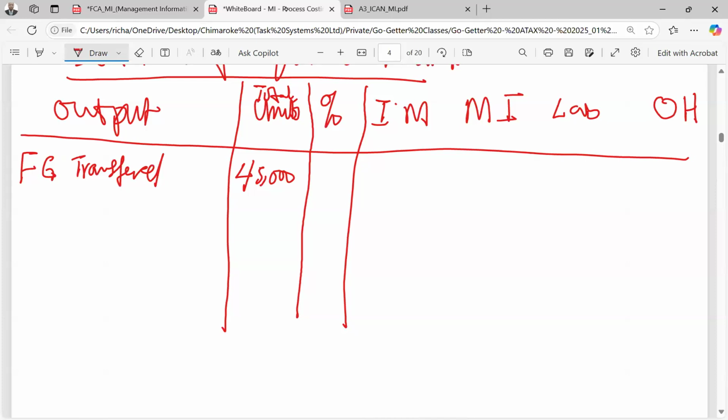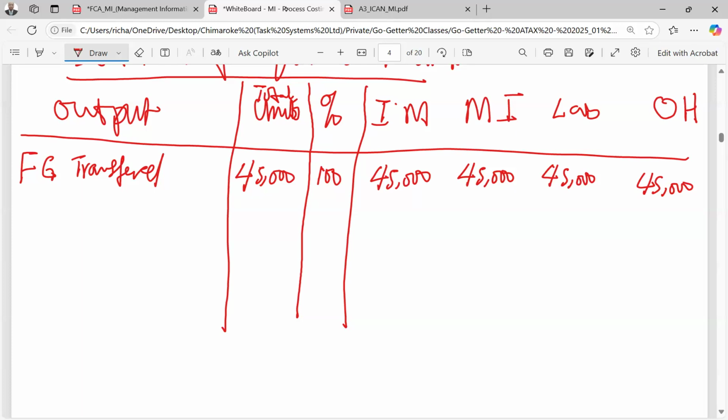It means that it was 100%. So 100% of 45,000 is 45,000. For input material, it is still 45,000. Material introduced is still 45,000, labor is still 45,000, and overhead is still 45,000. So we've done that for finished goods.